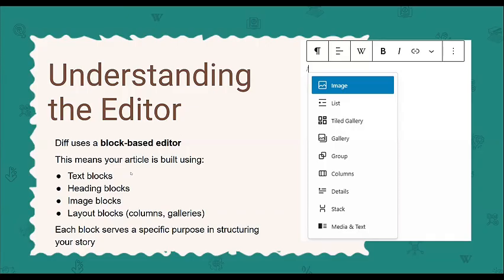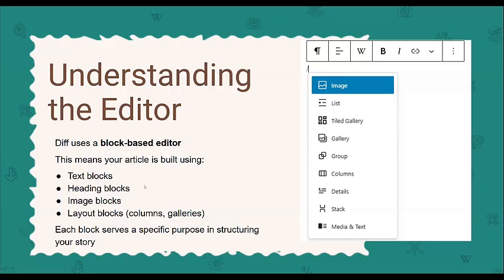We also have the heading blocks. When you're writing, there's a place for the title. When you're giving your blog different headings, like impact story, introduction, and conclusion, this is when we make use of the heading blocks.